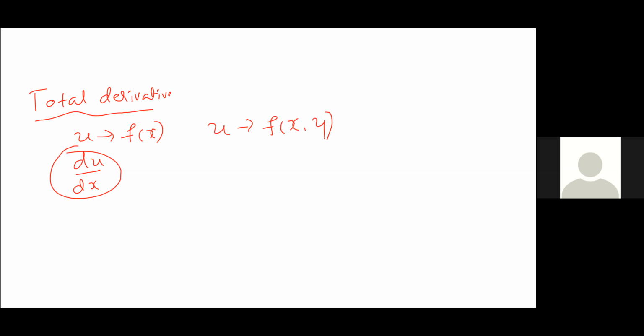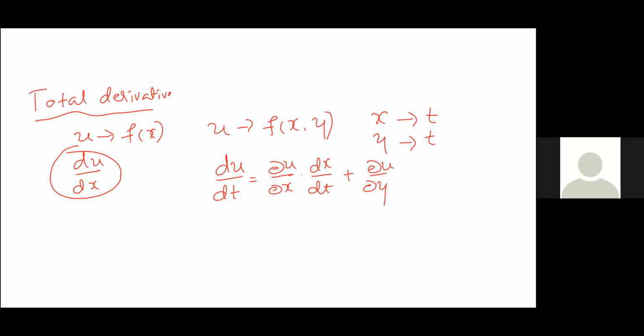If both x and y are functions of t, then we can find du by dt as dou u by dou x into dx by dt plus dou u by dou y into dy by dt. So this is the formula for the total derivative whenever u is a function of two variables x and y, which are functions of a single variable t. Then the total derivative du by dt is given by this relation.